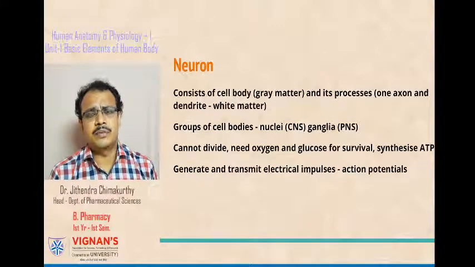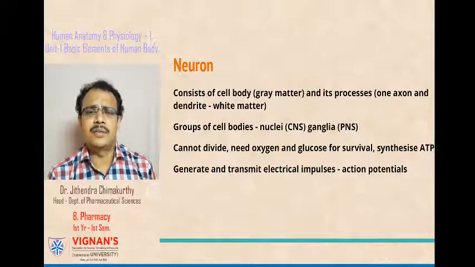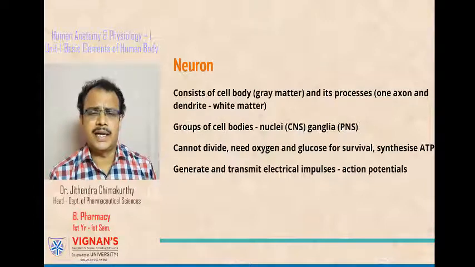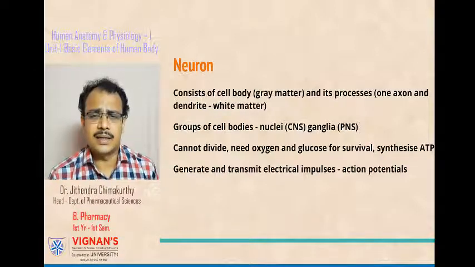And groups of cell bodies in the central nervous system are called nuclei, and groups of cell bodies in the peripheral nervous system are called ganglia. Now let's see about the axon. Each neuron has one axon, and it originates from the cell body at the axon hillock.